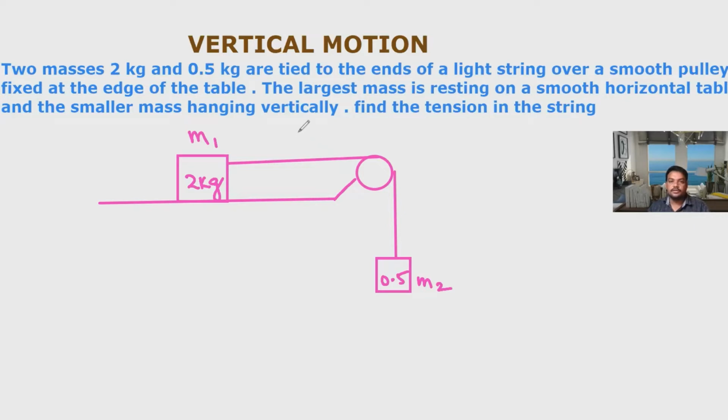The tension of the string, that is T. Now let's see the forces acting on each mass. Let the acceleration of the system be A.